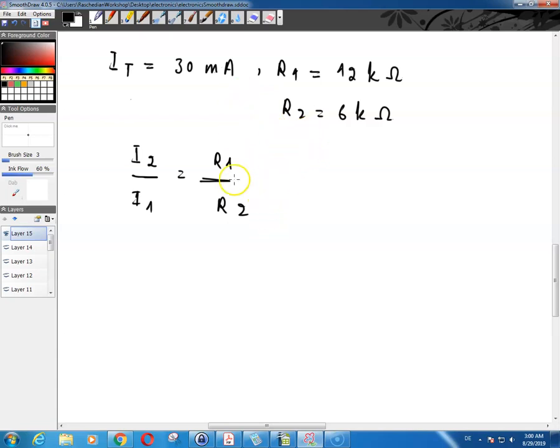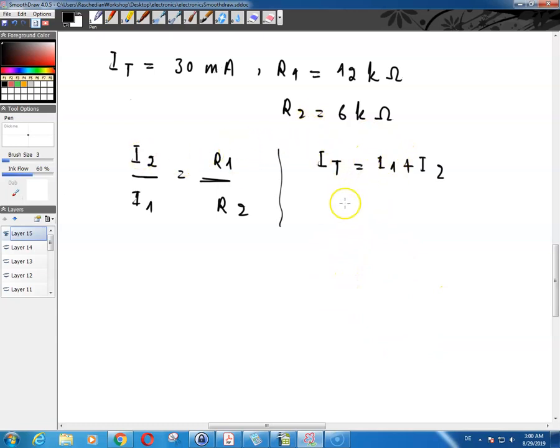But again, we need to use the relationship I(t) is equal to I1 plus I2, because it's a parallel circuit.